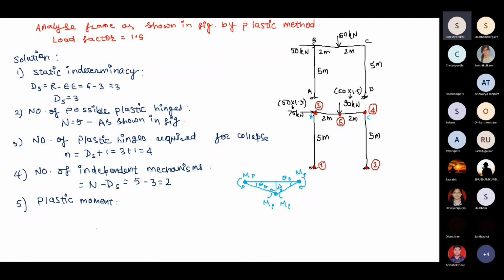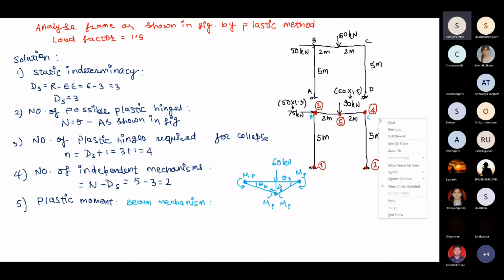Then we have the first beam mechanism. So 90 into delta.